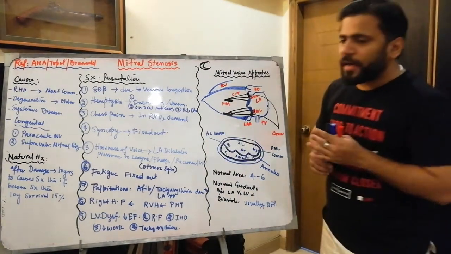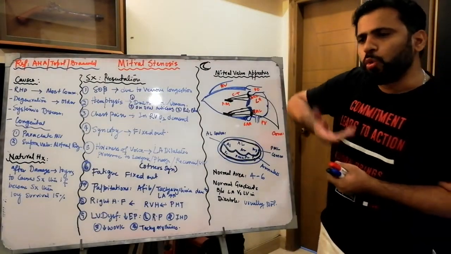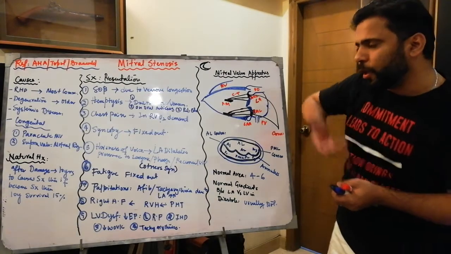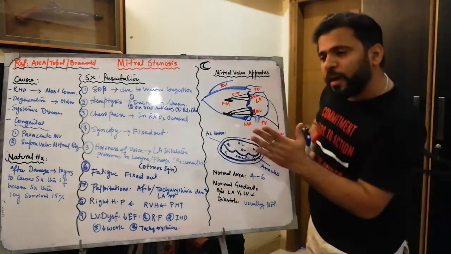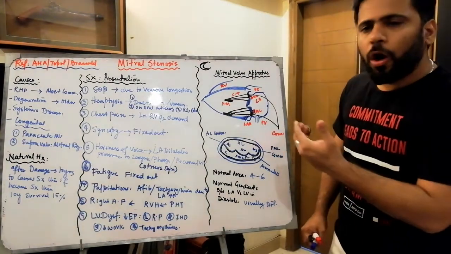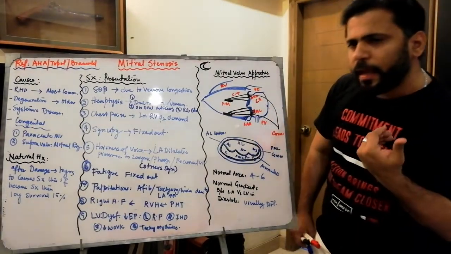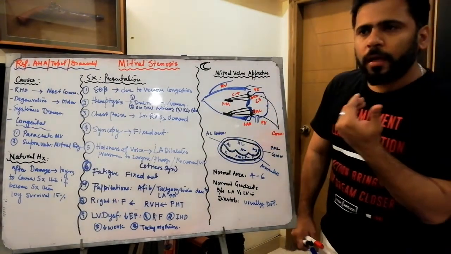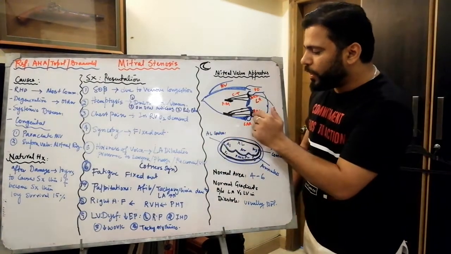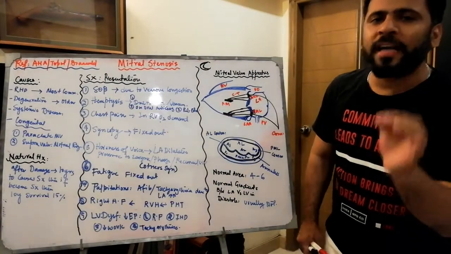The anterior mitral leaflet is towards the interventricular septum, towards the aorta, and the leaflet which is towards the posterior wall of the LV, separating the LA from the posterior wall of the LV, you will label as the posterior mitral leaflet.